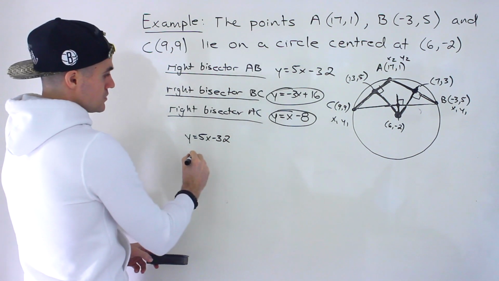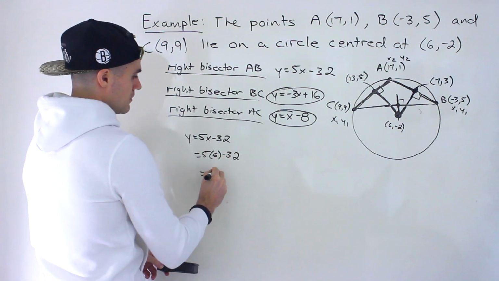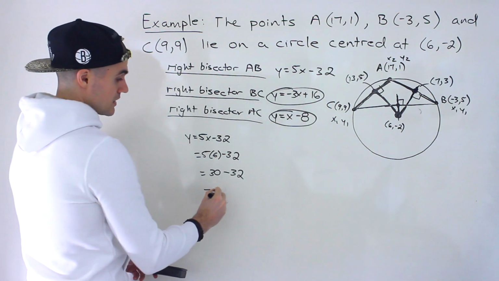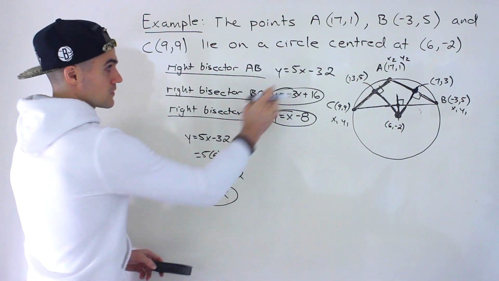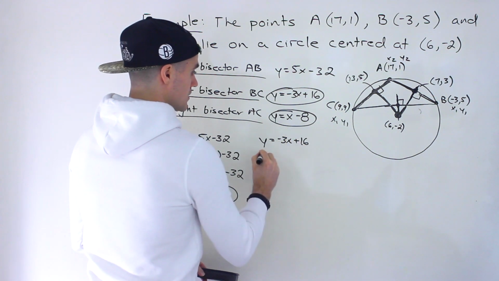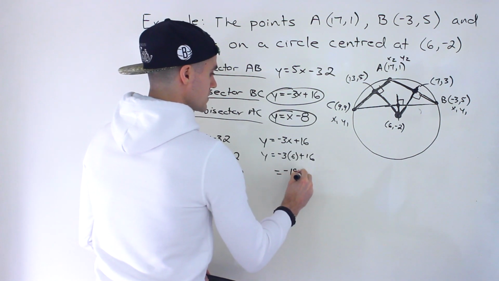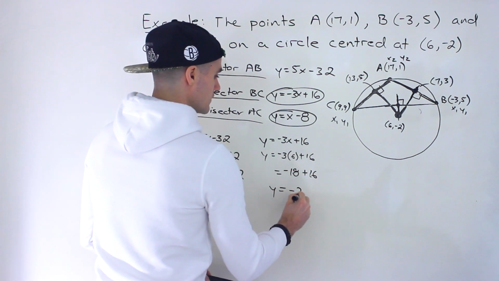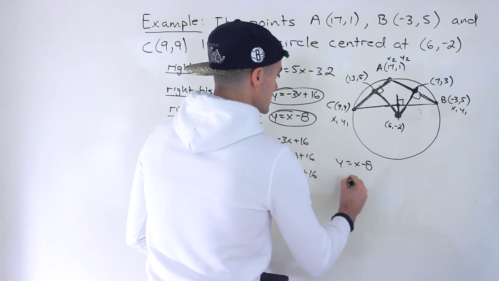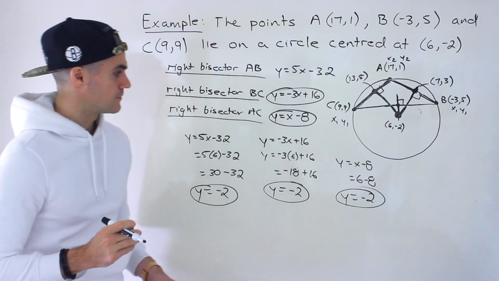So all you do is you plug in the x value of the center into each of these lines and make sure you get the corresponding y value of the center. So notice with this, verified, y equals -3x plus 16, plug in 6 for x, -18 plus 16. We also get a y value of -2, verified, y equals x minus 8, plug in 6 for x. We also get a y value of -2, so that ends up being verified as well.